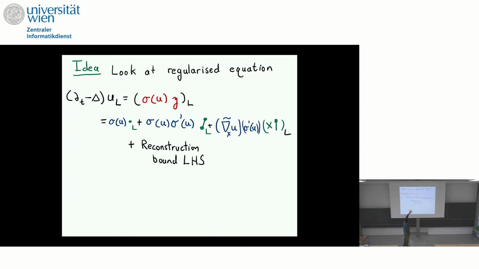But I can, in some sense, try to do a partial commutation of the regularization of the product and the regularization of the noise by adding and subtracting terms. And I get an expansion like this, where this term that I haven't written out is basically the left-hand side of my reconstruction bound.